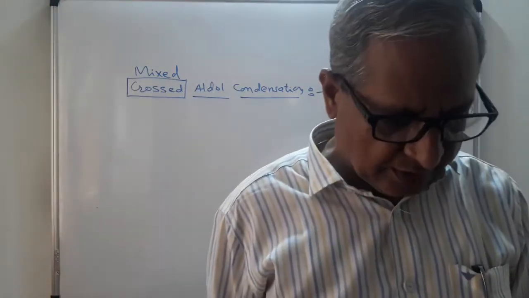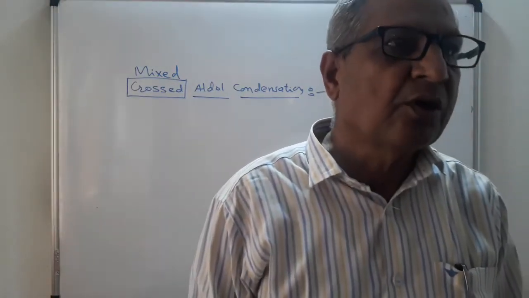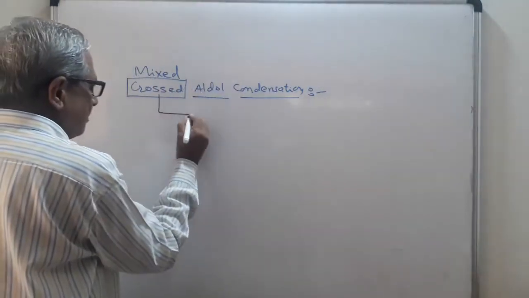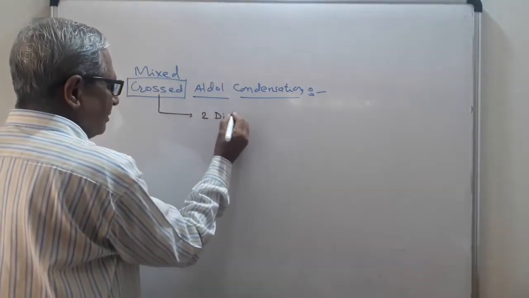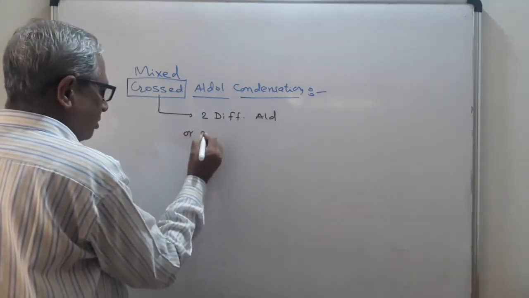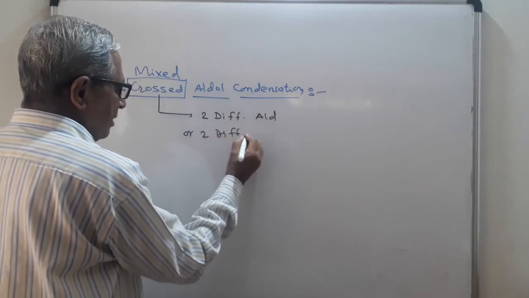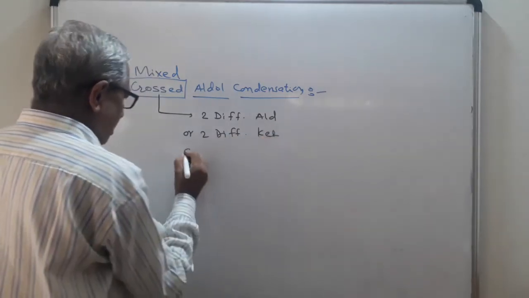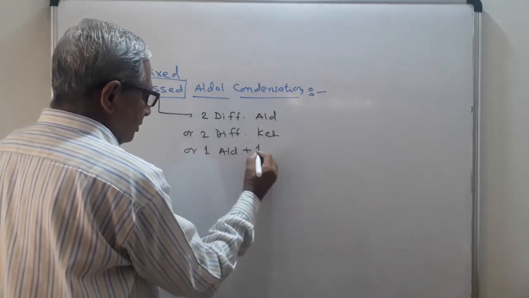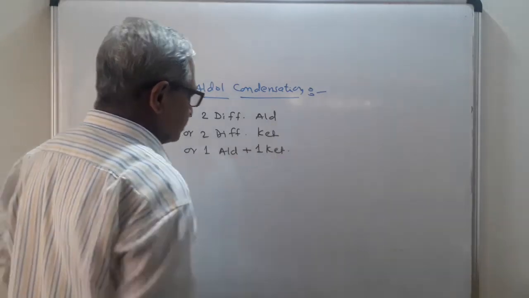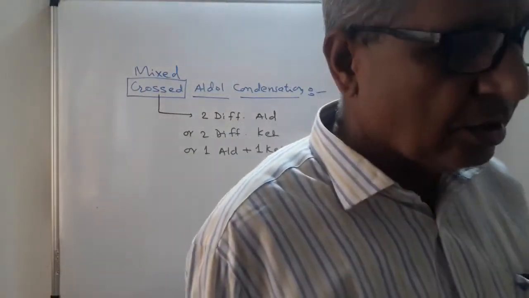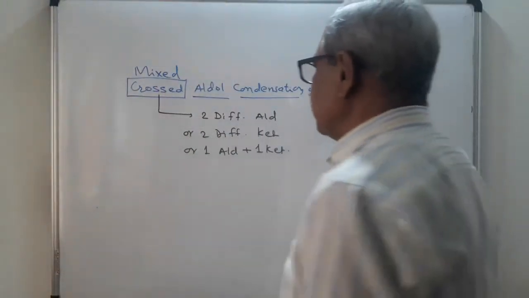The term crossed or mixed indicates two different aldehydes, or two different ketones, or one molecule of aldehyde and one molecule of ketone. So this is the meaning of the term mixed or crossed aldol condensation.